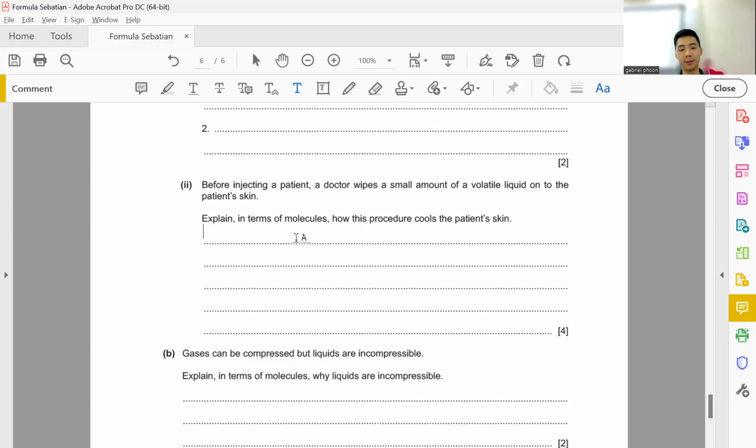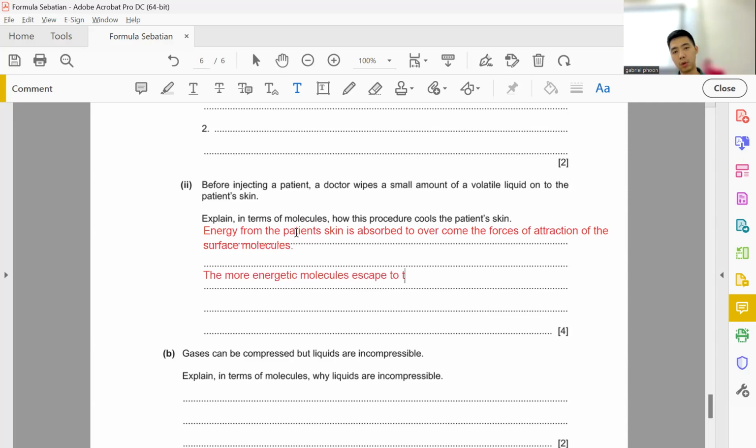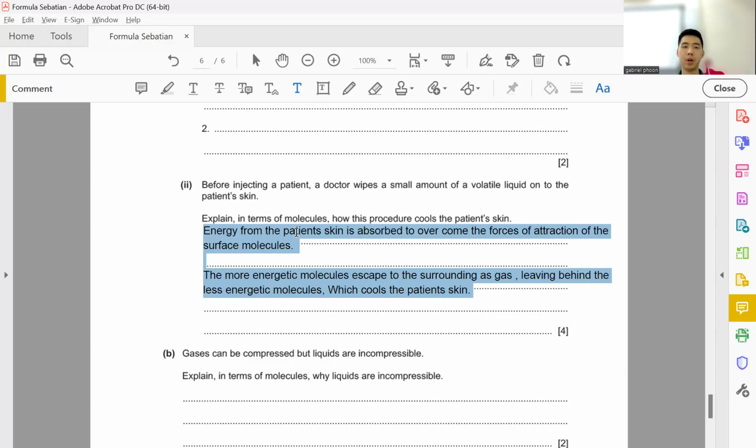So you say, energy from the patient's skin is absorbed to overcome the forces of attraction. Something along these lines.